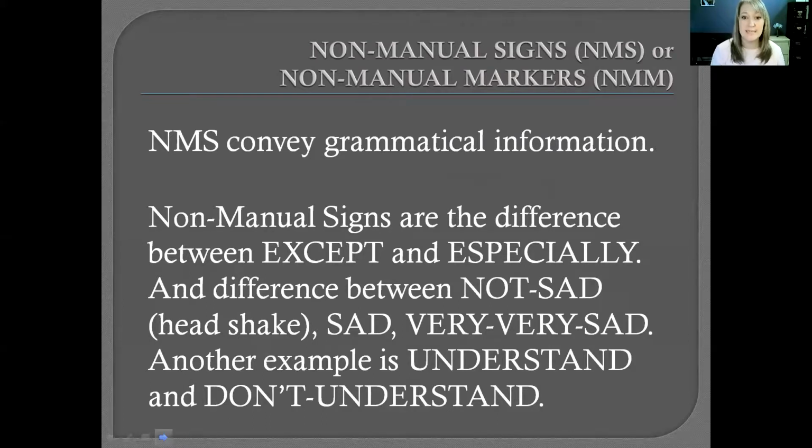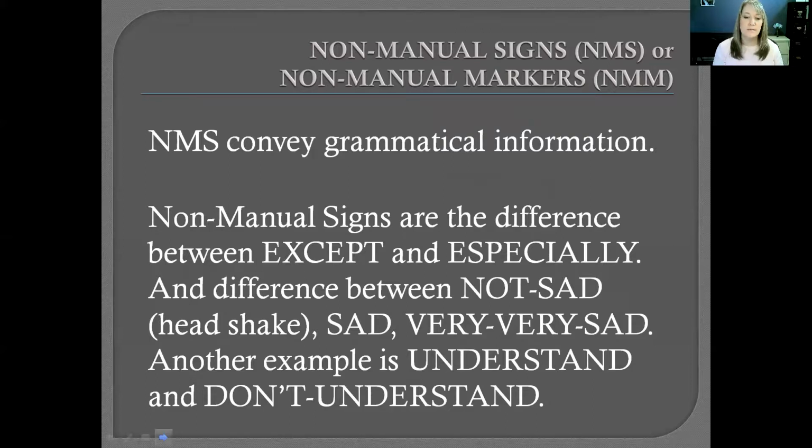I like non-manual signs, and that term is shortened as NMS a lot of the time. So non-manual signs, or NMS, convey grammatical information, not just the voice inflection like a facial expression like we were just talking about, but actual grammar. Okay, it changes the meaning of a word.